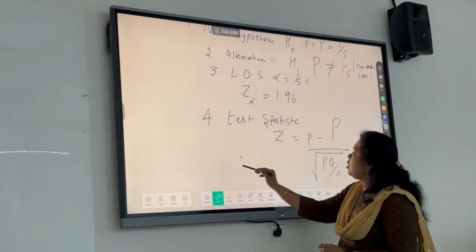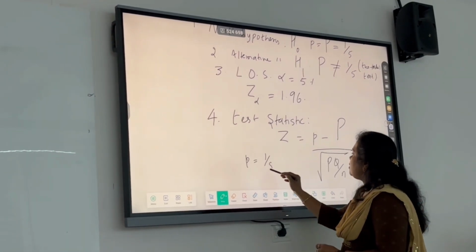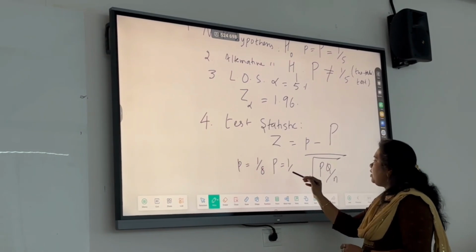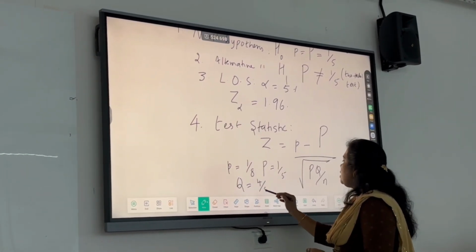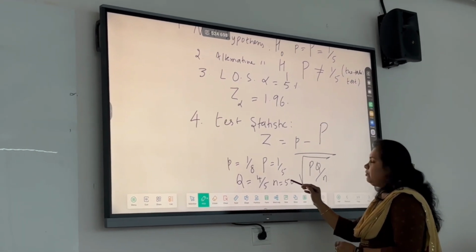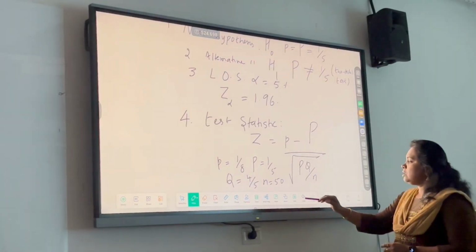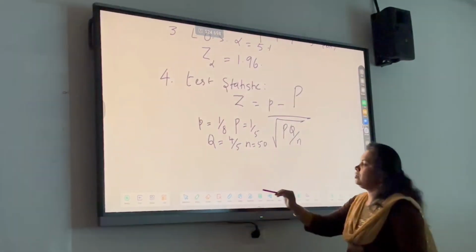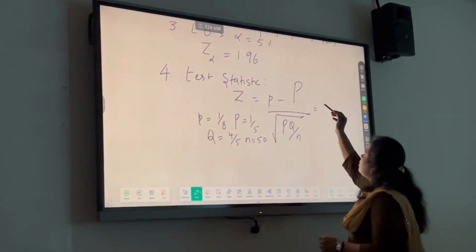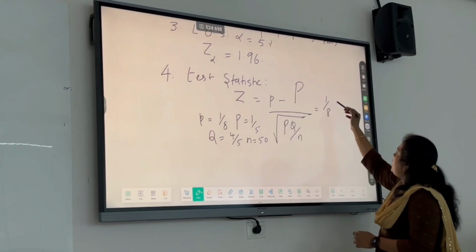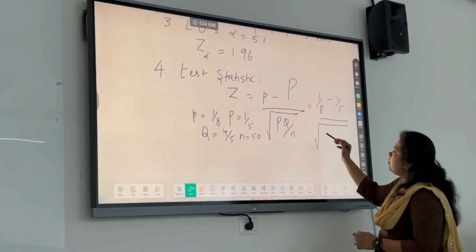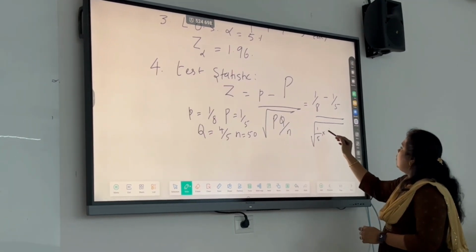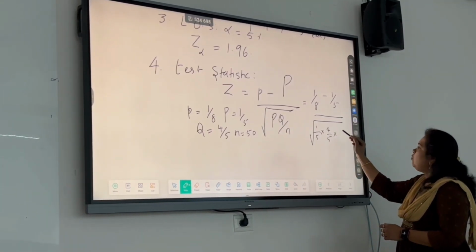We know that small p is 1 by 8, capital P is 1 by 5, capital Q is 4 by 5, and small n is 50. So we know all the values. Substitute the values here: 1 by 8 minus 1 by 5 divided by root of 1 by 5 into 4 by 5 into 1 by 50.